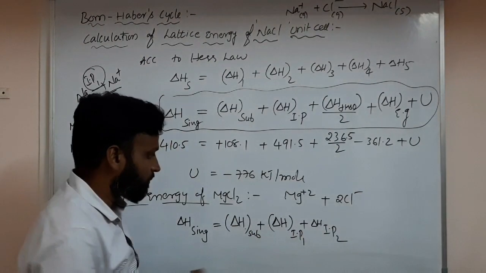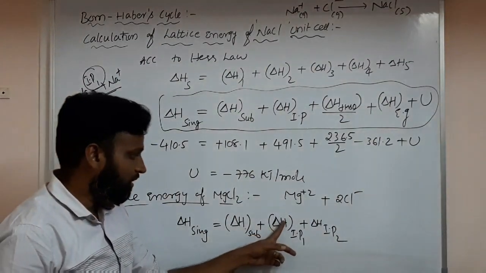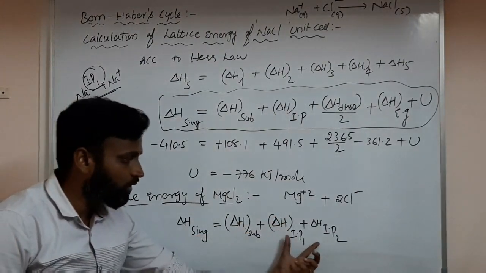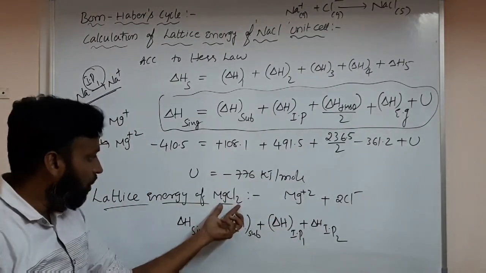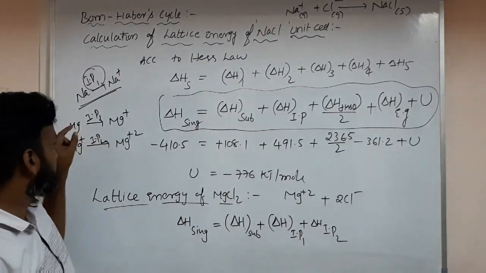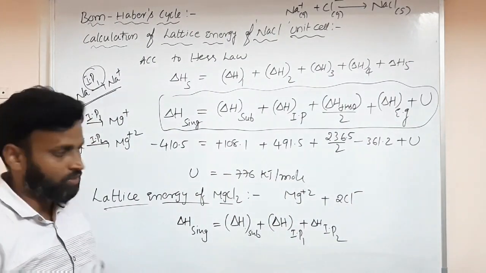IP1 and IP2 are not the same, that's why I am not multiplying with 2. Why did I write 2 ionization potentials? To form MgCl2, magnesium has to lose 2 electrons, so it has to use 2 ionization potentials.